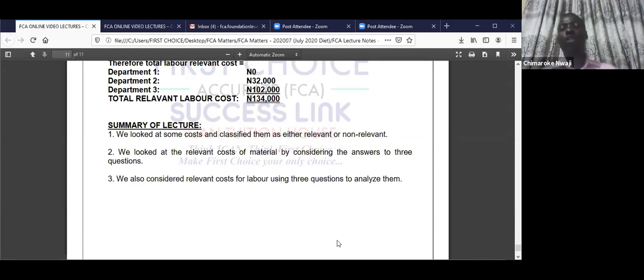If it is not in constant use, you take it to the next question, which is, is it scarce in supply?